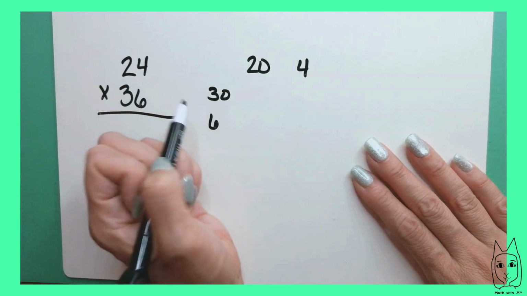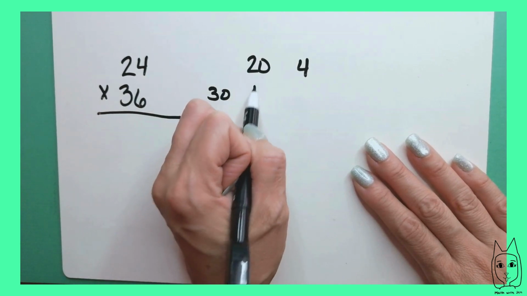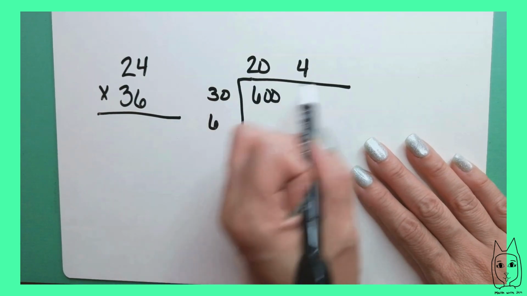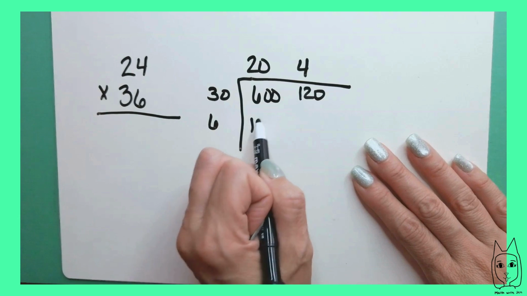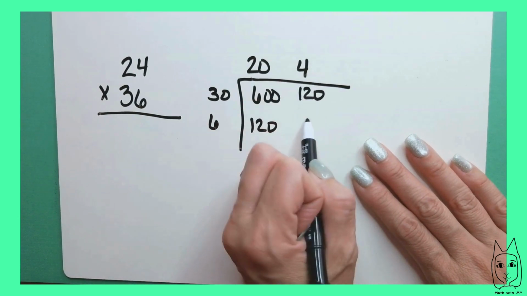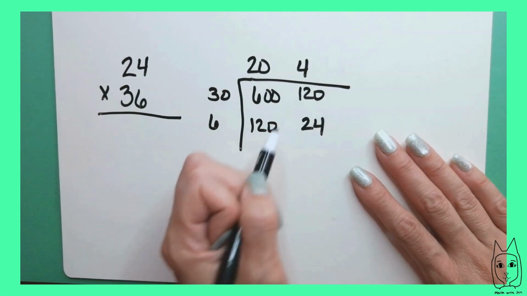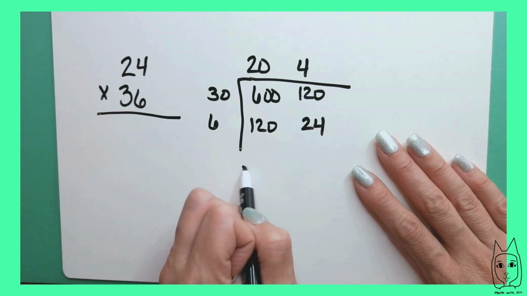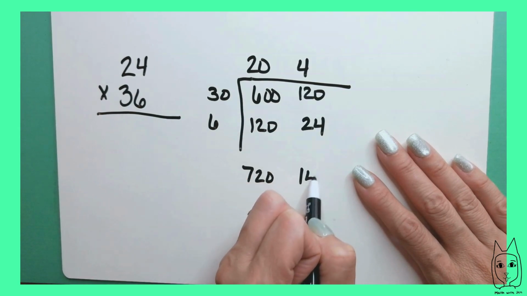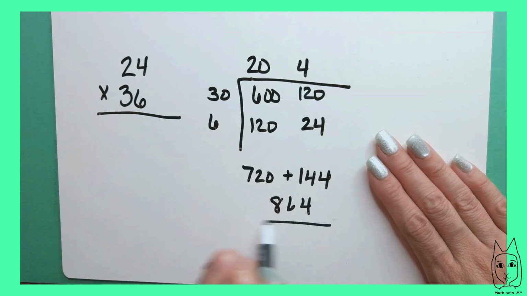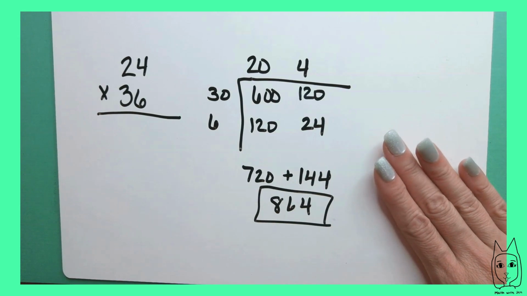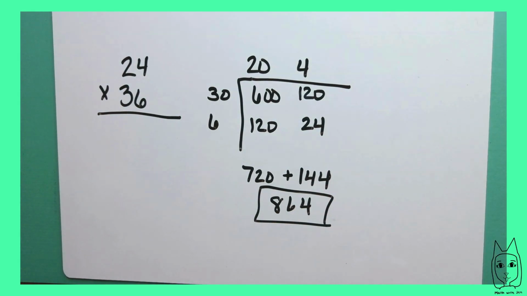So we have 20 times 30 is 600. 30 times 4 is 120. 6 times 20 is 120. 6 times 4 is 24. And then you can add your columns, and then you can add those two together. Get 864, the same thing. Again, there are just a lot of ways you can multiply. They're very similar. It's just what visually looks better to you.